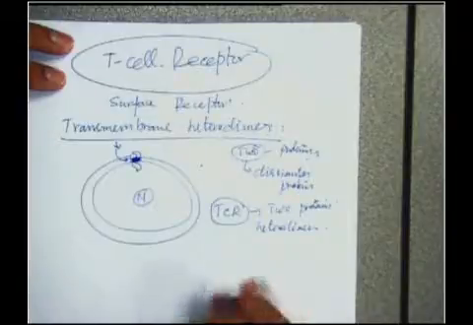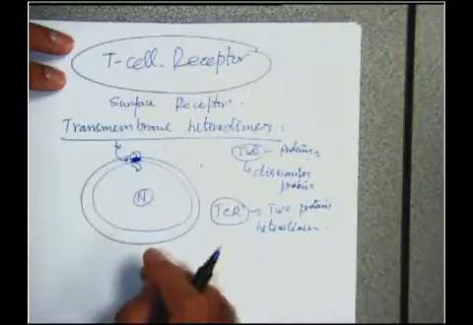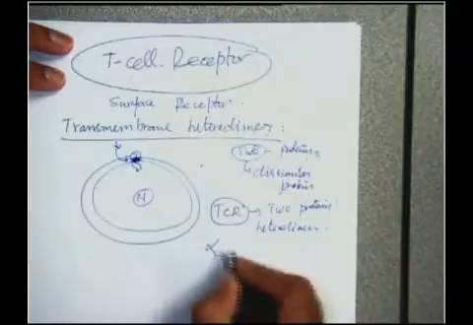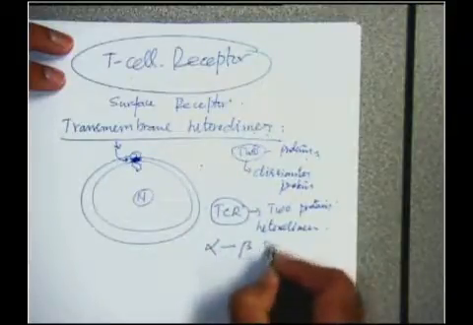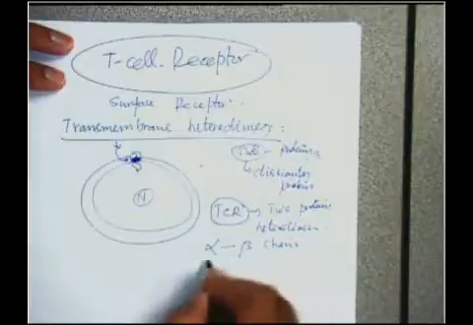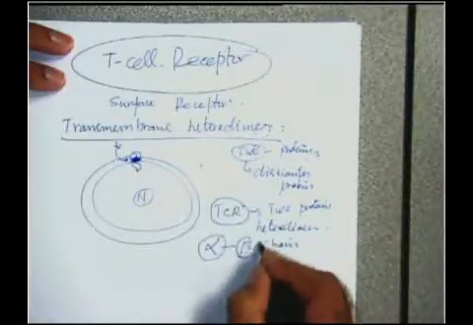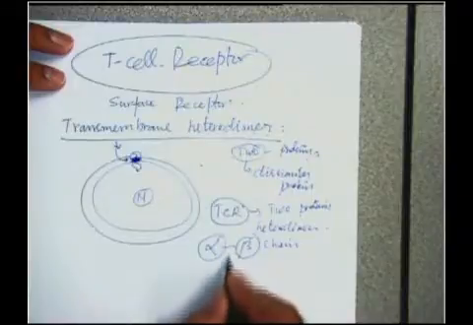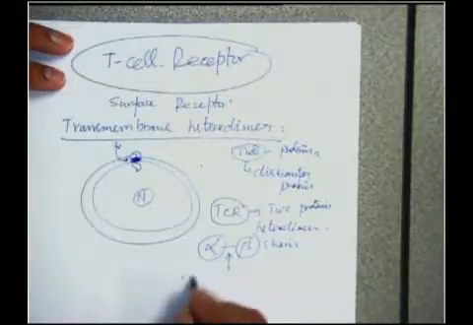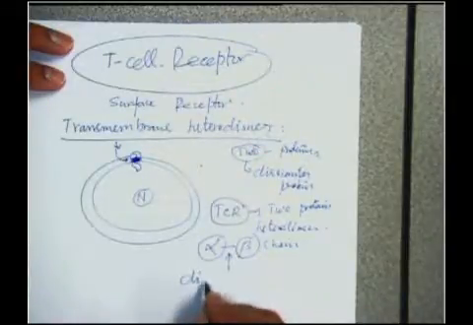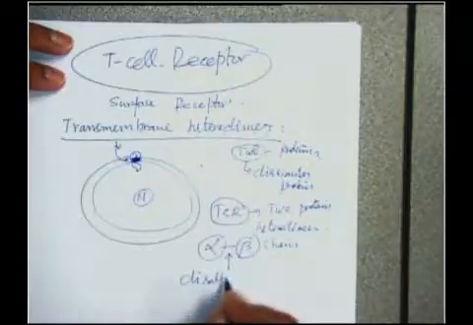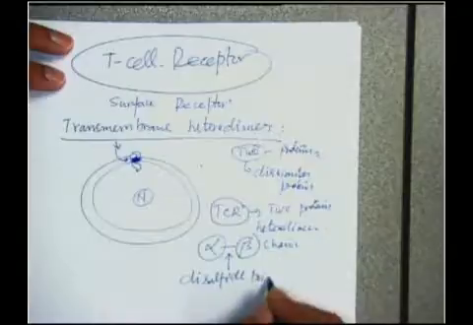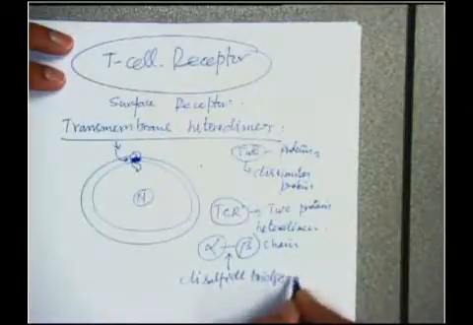Okay, this is a heterodimer, and they are membrane bound molecules. This dimer we call an alpha and beta chain. Alpha is one protein and beta is another protein, and they are linked together by disulfide bridges.